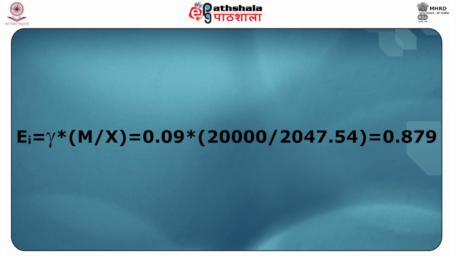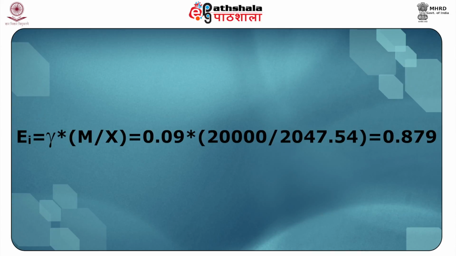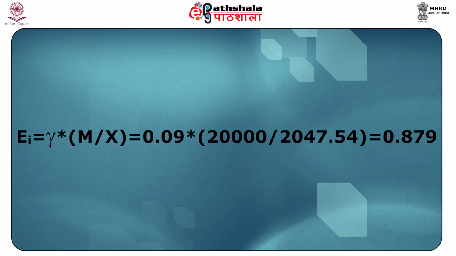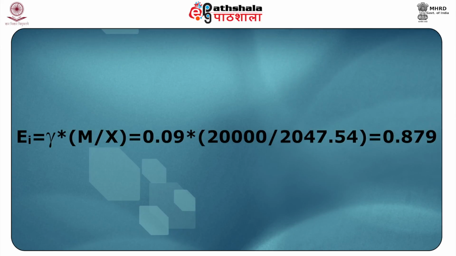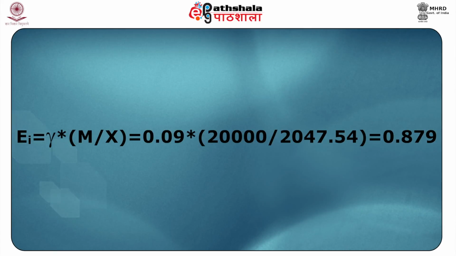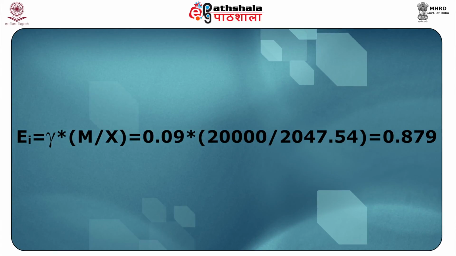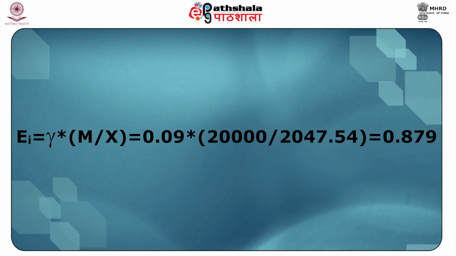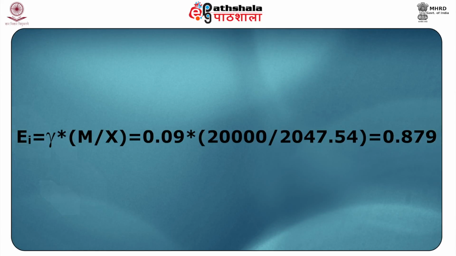Similarly, income elasticity of demand is given by EI is equal to gamma into M by X, which is equal to 0.09 into within bracket 20,000 divided by 2047.54, which is equal to 0.79.